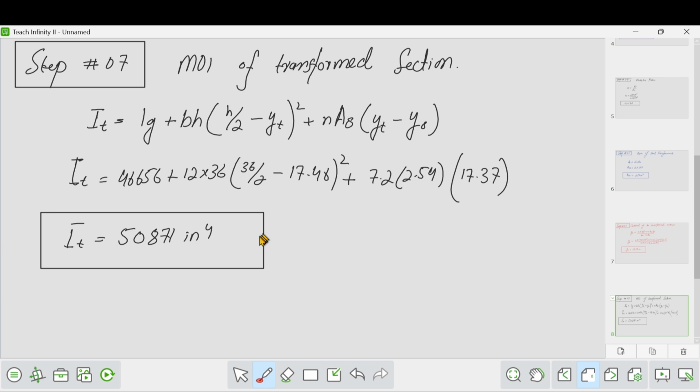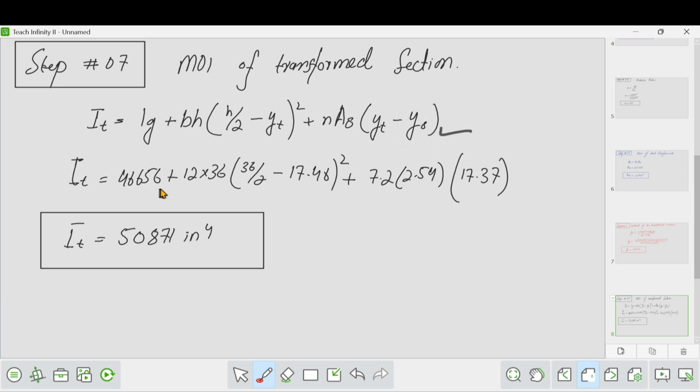Now we will calculate the moment of inertia of the transformed section. The formula is Ig, the moment of inertia of the cross section, plus b times h times (h/2 minus yt) squared, where yt is the centroid of the transformed section, plus the modular ratio multiplied by the total area of steel times the distance from the center of the steel to the extreme bottom fiber, which is 2.5, squared.